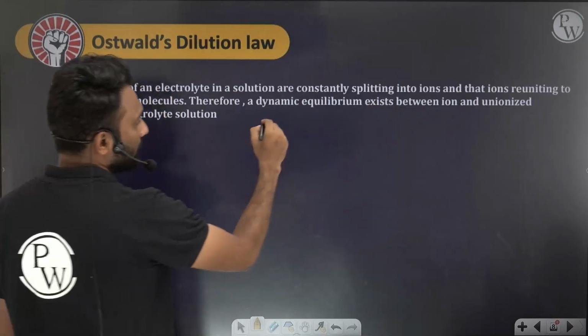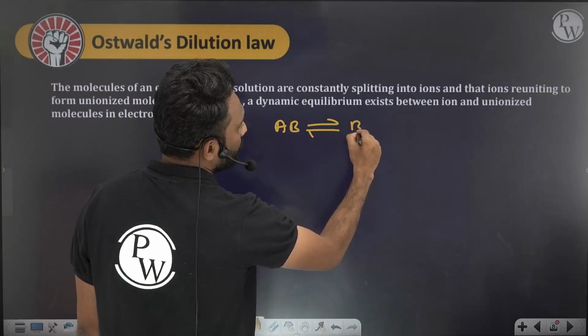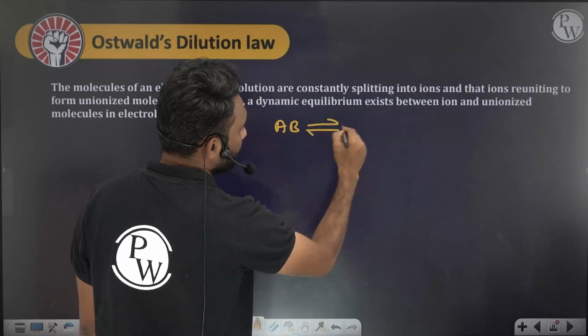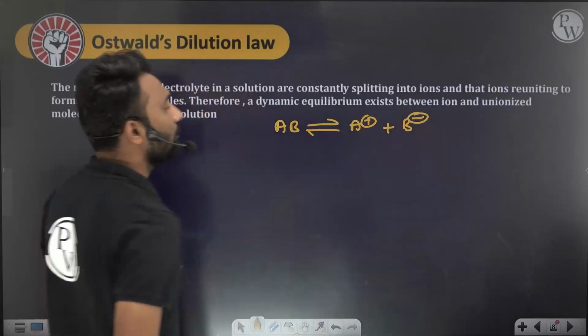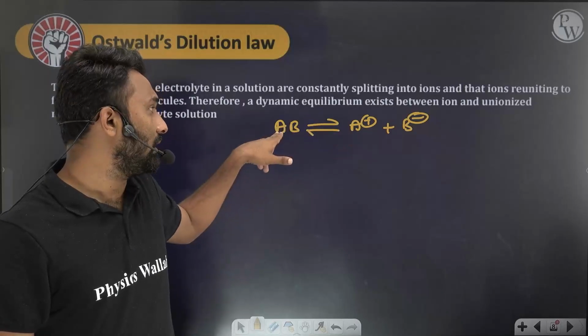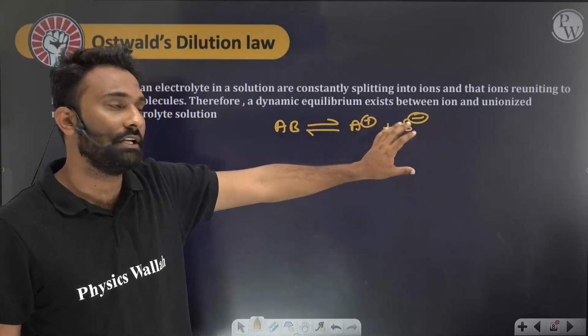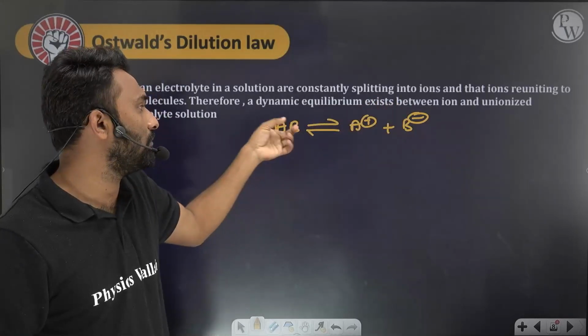Look here, AB is splitting into A plus and B minus, and again A and B are reuniting to form AB.